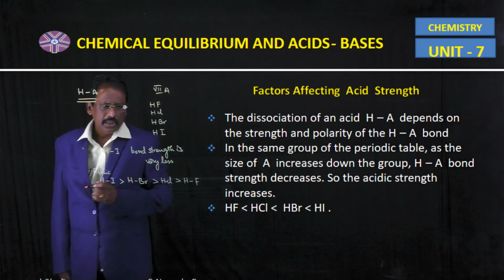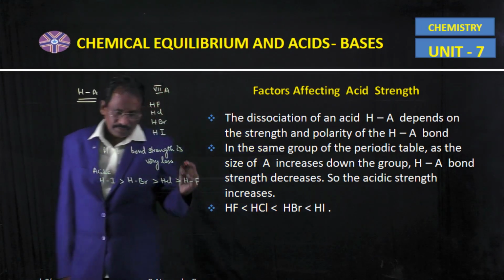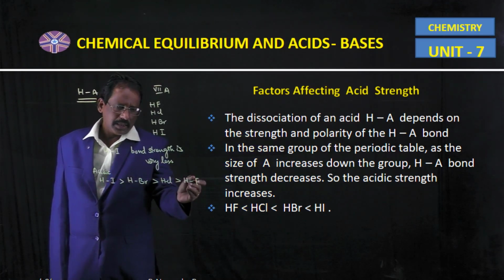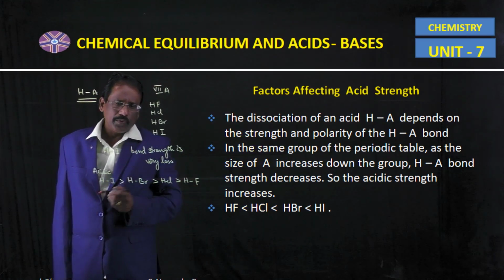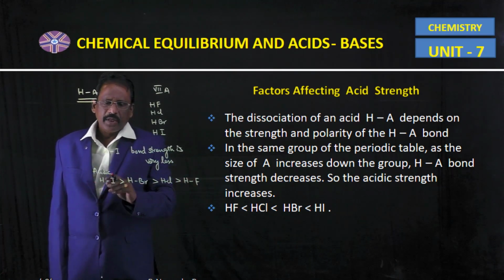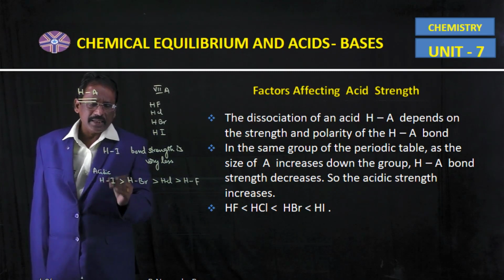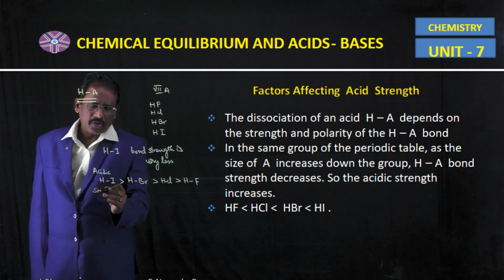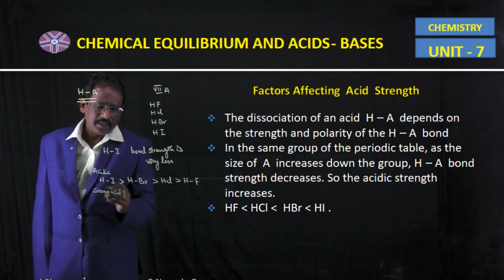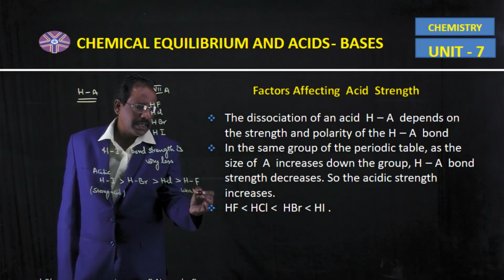Even though fluorine shows more electronegativity, due to the very low atomic size of fluorine, this bond strength is more. This bond strength is very less. So, among hydrogen halides, HI acts as strong acid, and HF acts as weak acid.